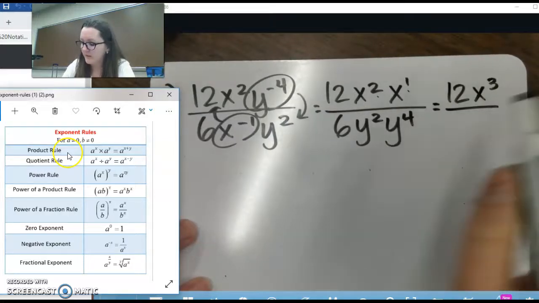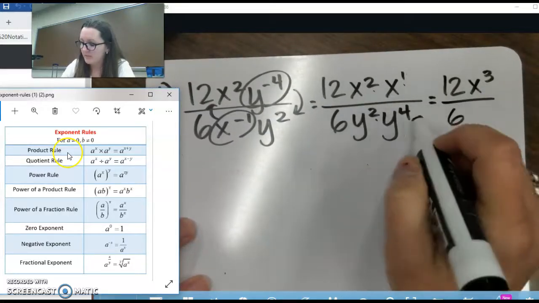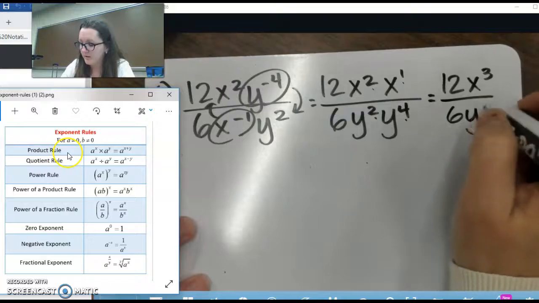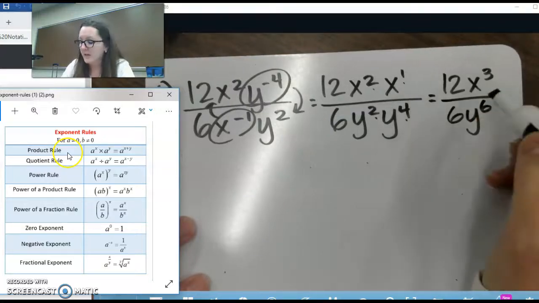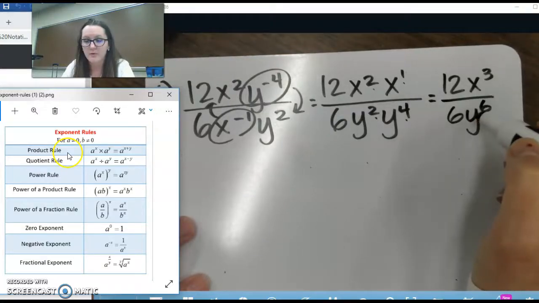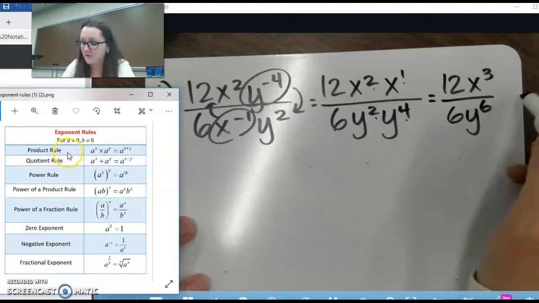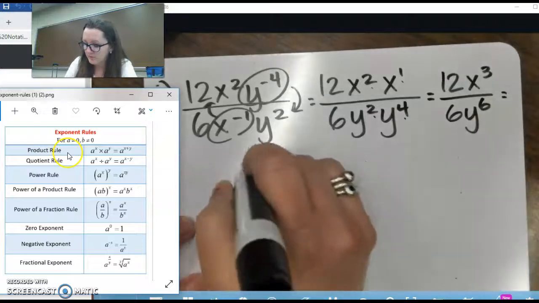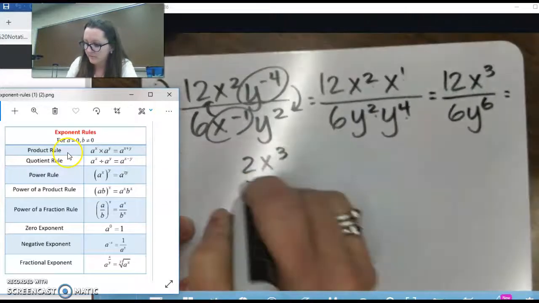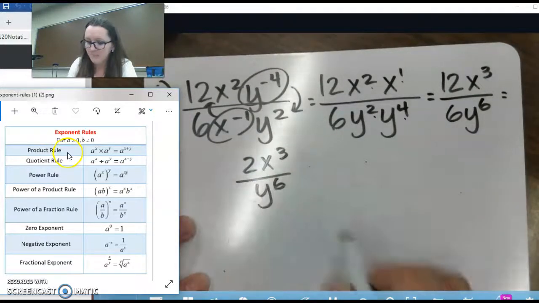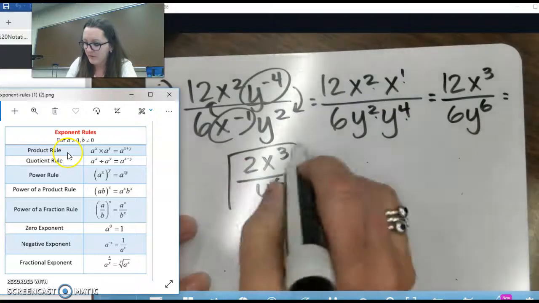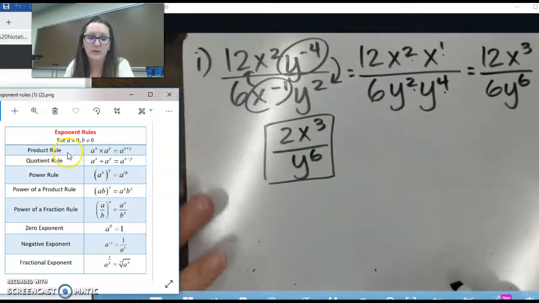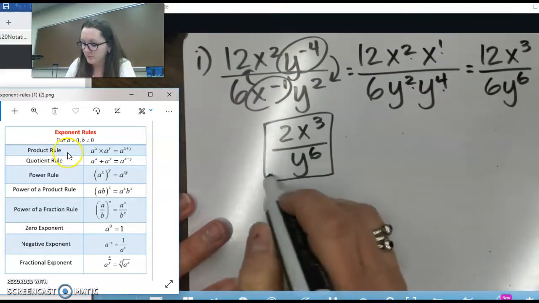And I'm going to add my 2 plus my 4, and I get a 6. I cannot reduce these any further because they don't have the same base. That's where the rule comes into play. But now I can reduce this. 12 divided by 6 is 2. So I reduced my value, and this is what a simplified exponent, using exponent rules, looks like.